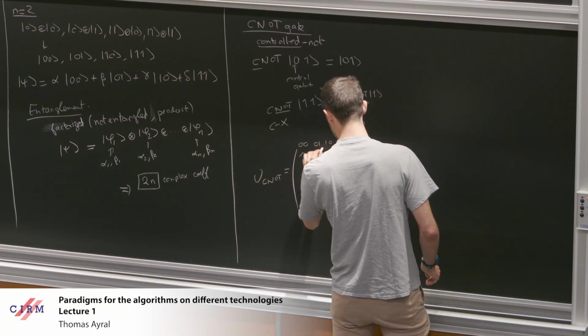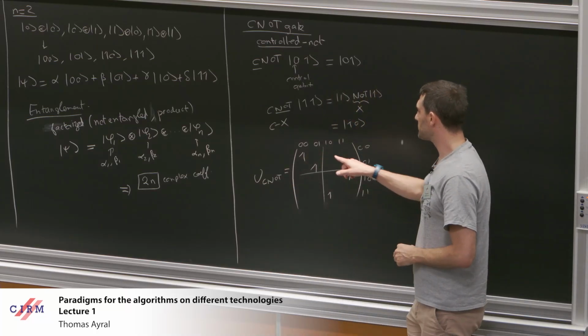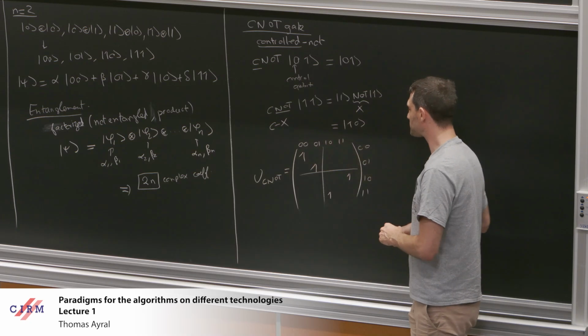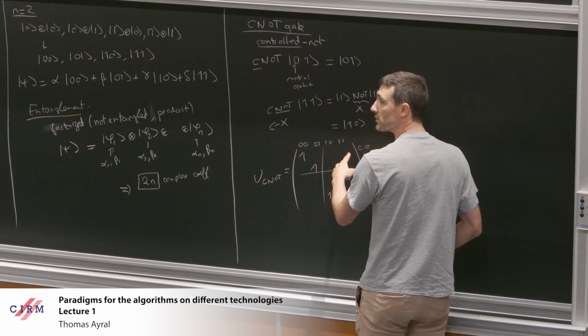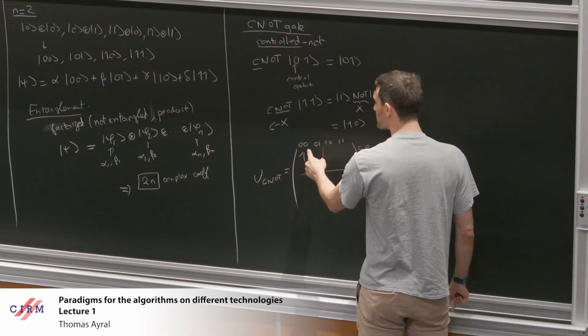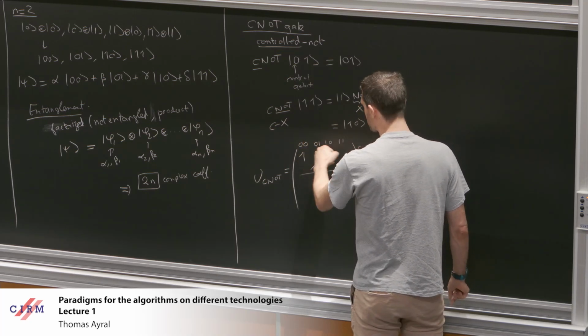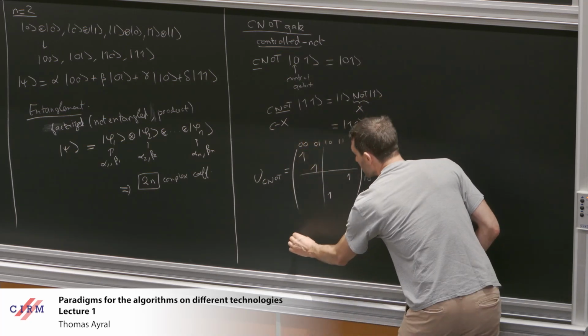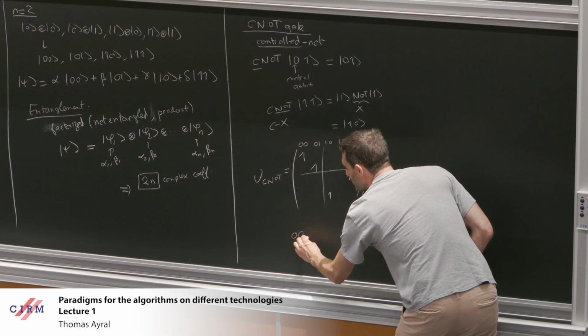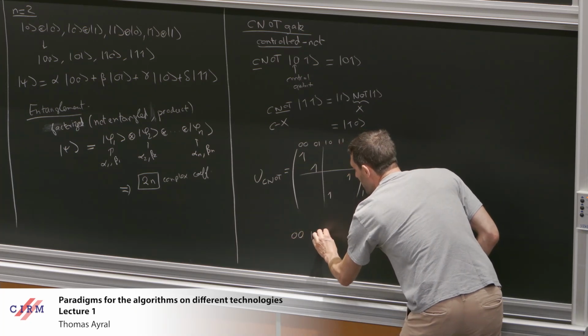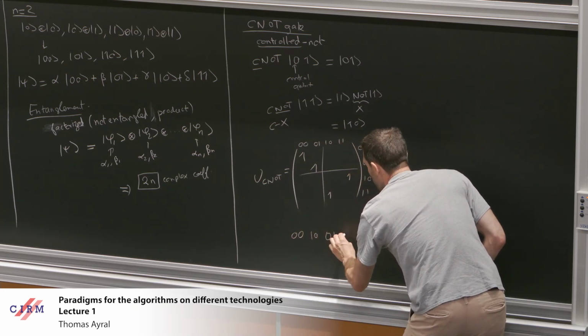Okay? And here I took care to enumerate the bases because I could have chosen another ordering for the bases. So here I really chose this lexicographical ordering of the bit strings. But I could have chosen another. So I could have chosen to order my bases 0, 0, 1, 0, 0, 1, 1, 1.